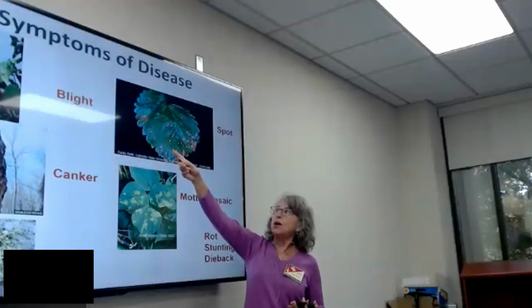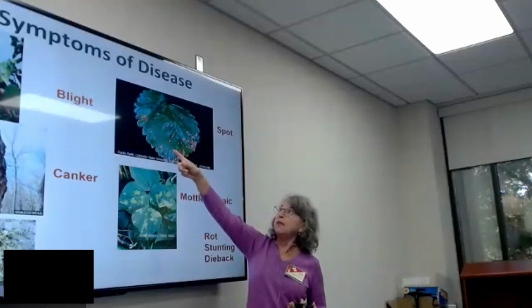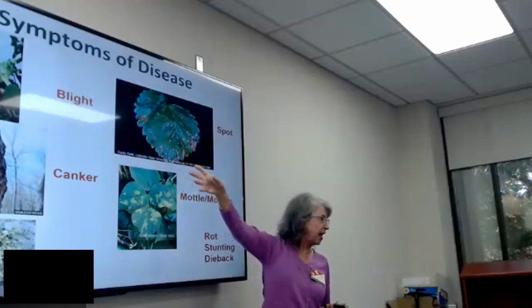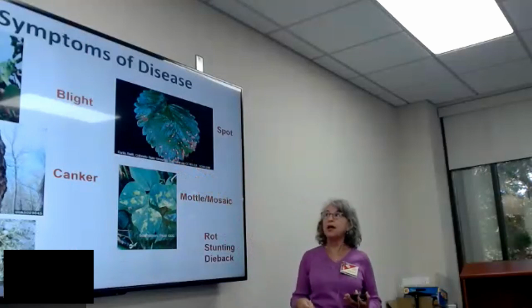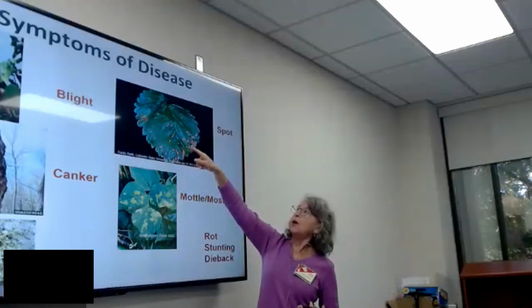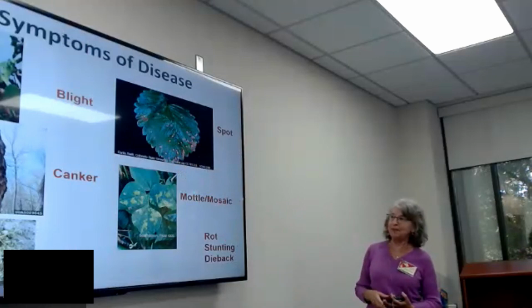Bacteria aren't able to cross over the veins right away. So their lesions will form in that shape, sort of triangular and angular, whereas fungal spots, they don't care about the veins. They can just macerate the plant anyway.